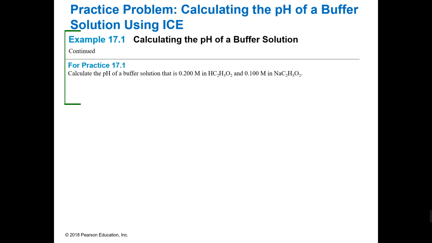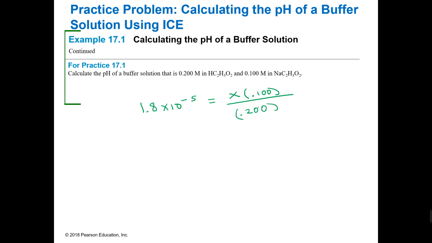So go ahead and try this one on your own. And now you're going to find that, again with acetic acid and sodium acetate, the x is small approximation works. So now what you should see is that the 1.8 times 10 to the minus 5 is going to be equal to X times 0.100, whole thing divided by 0.200.